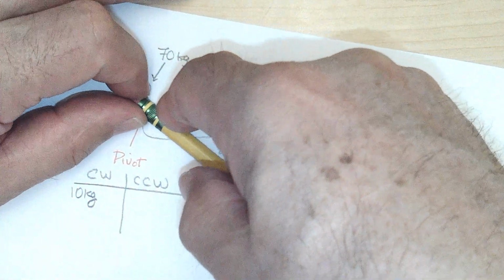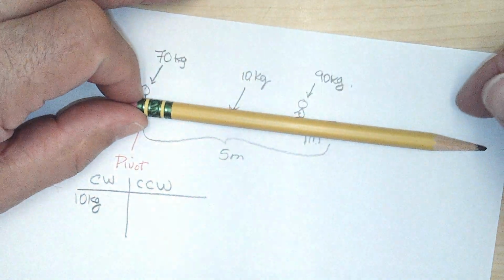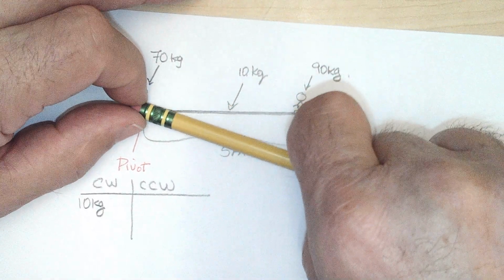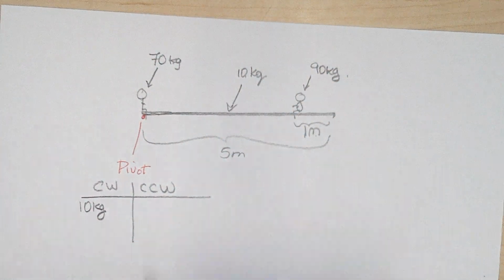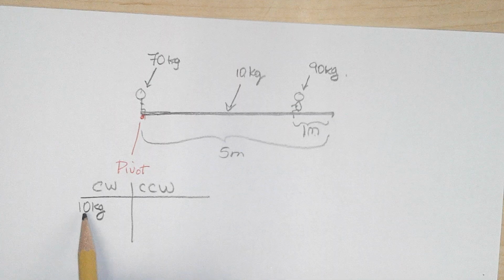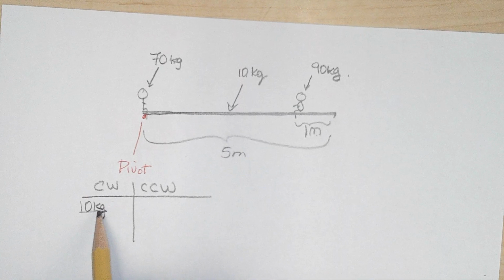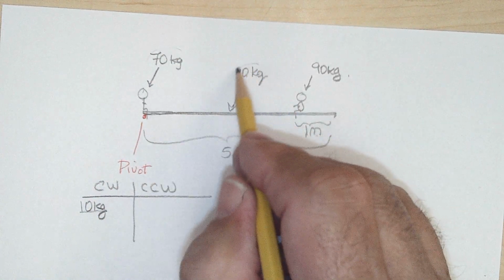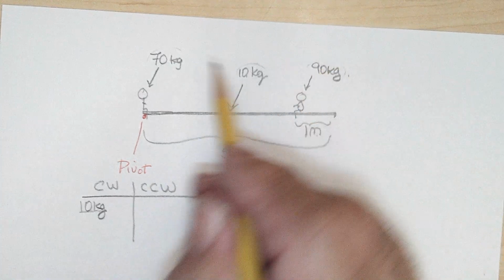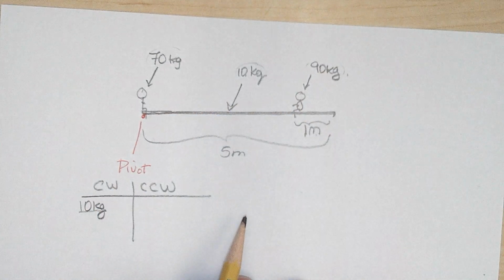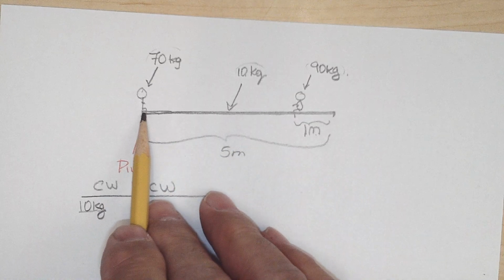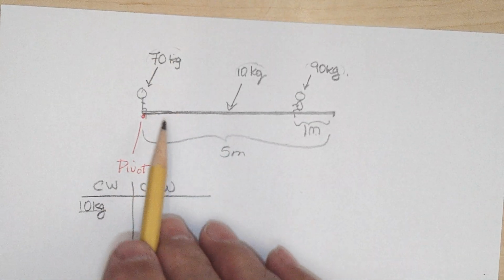And when we have something creating a twist, if it's close in, it doesn't force it around as much as it does out here. So the amount of twist, called torque, depends on how much the weight is. Weight would be these masses multiplied by the acceleration due to gravity, 9.8, but everything is going to be times 9.8, so we can forget that for a little bit. I'll call it torque, but it's not really torque unless I'm talking weight, a force.